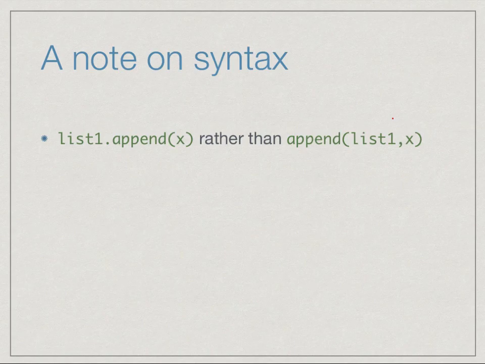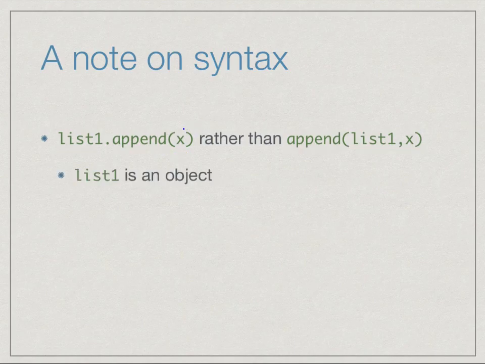So the append function looks a little bit different from the other functions we have seen so far. We would normally expect a function append to take 2 arguments, the list and the value to be appended. So we would think that the natural way to write append would be to say append to list1 the value x. On the other hand, what we have is this funny notation which says to list1 apply the function append with value x. Right?